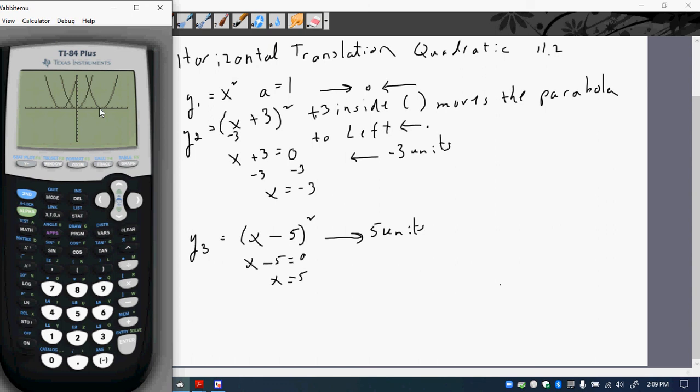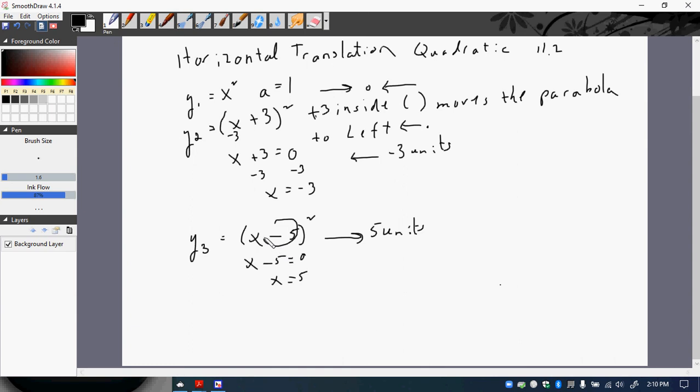So there's 5 units that it moves. So again, when we're looking at this part right here, the -5 inside the parentheses, it moves the parabola to the right. So it goes this way 5 units. And so that's the thing that we look at.